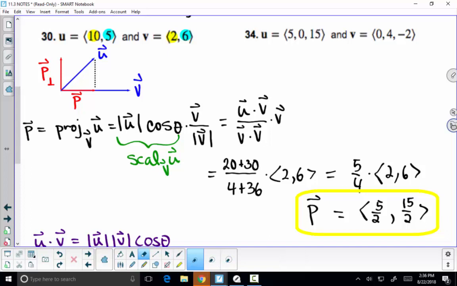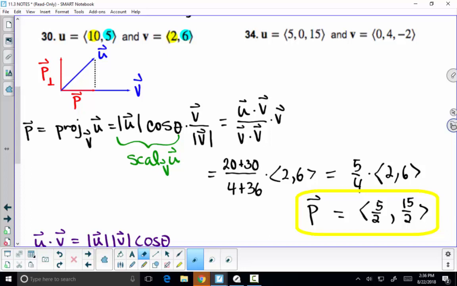Can we go back over how we got the 20 and the 30 and the 4 and the 36? Absolutely. The numerator is u dot v, and the definition of a dot product is that we multiply corresponding components and add. If we think about these as x components and y components, 10 times 2, 5 times 6, that gives us the numerator. So we multiply the x's, multiply the y's, and add.